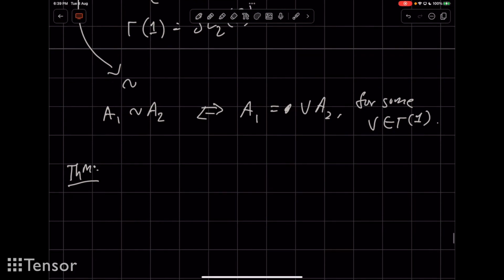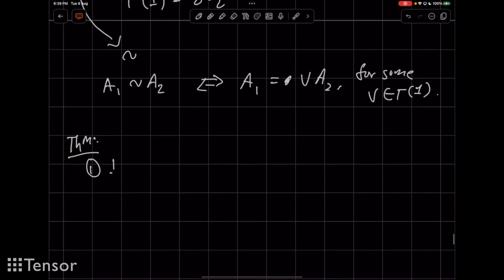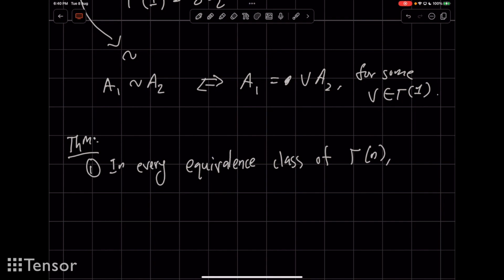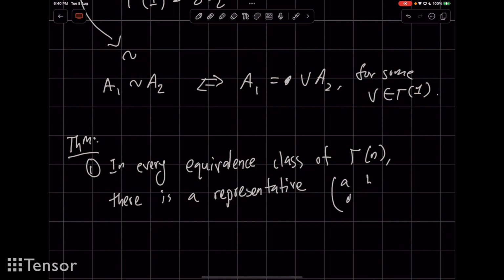The first part says that in every equivalence class of gamma of n, there is a representative, and that representative looks like this: (a, b; 0, d) for d greater than 0.